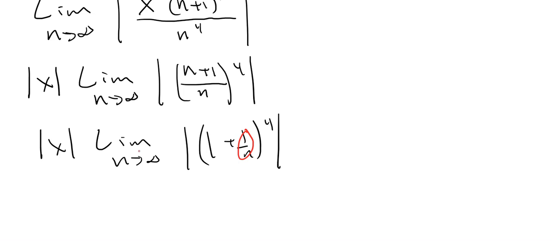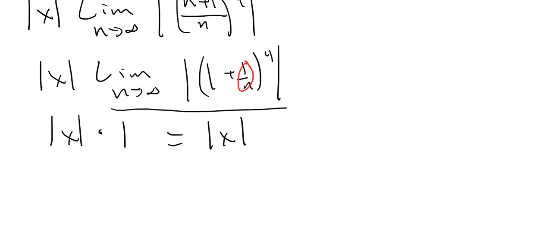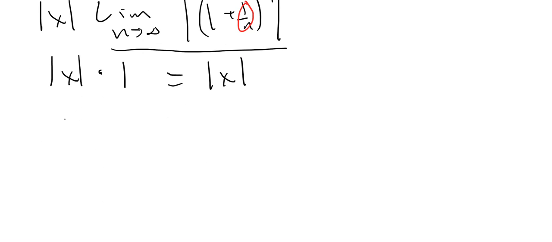So what we have here now is the absolute value of x times the limit of this, which is 1, which is just the absolute value of x. So remember that what we need to do now is take the absolute value of x, which is really our p, and set it less than 1 to converge.